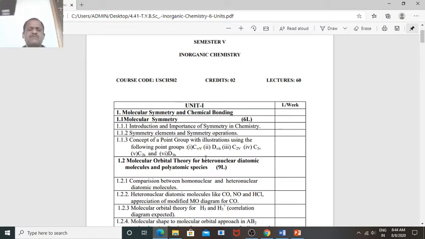One more important thing in this chapter is the application of MOT to some polyatomic species like H3 as well as the H3 plus ion. These are exceptional ions or molecules, because we saw the H2 molecule but we didn't know what the H3 molecule is yet. How H3 or H3 plus forms will be discussed later on.